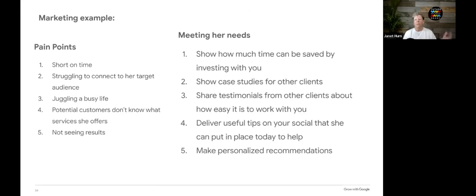So I can provide that value on social media, so I can start to build the relationship and gain some trust, and then make personalized recommendations. So that piece did not come from Bard, the meeting her needs, but that is what you get out of having those personas and knowing that person that you're trying to speak to and understand.